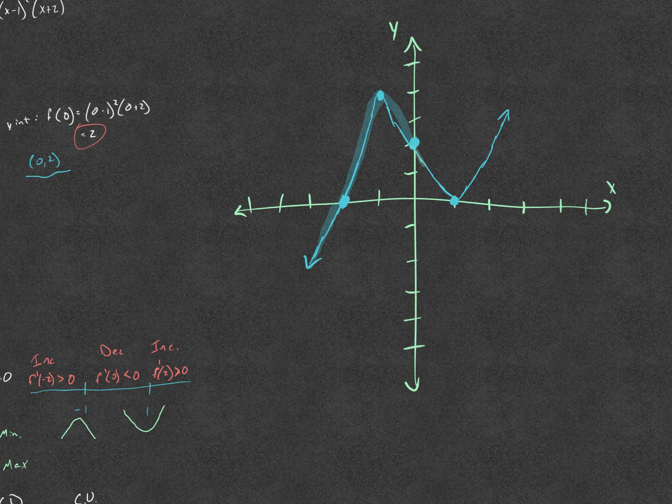And then after the inflection point, the graph switches to be concave upward. Cool how that works out. All right, and there we have a reasonably accurate representation of our graph using those 6 previous steps there.